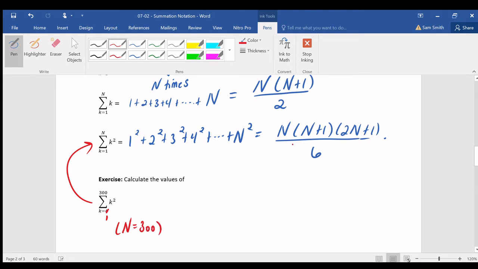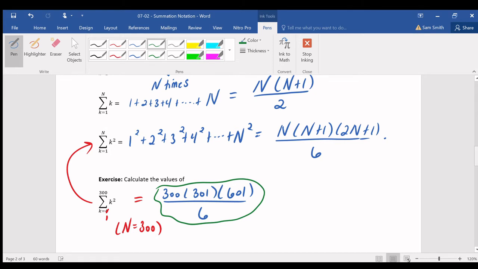Now I can make that same modification in the formula on the far right hand side to say that this sum is equal to 300 times 300 plus 1 times 300 times 2 plus 1 all over 6. And this large number, whatever it happens to be, would be the value of this sum.